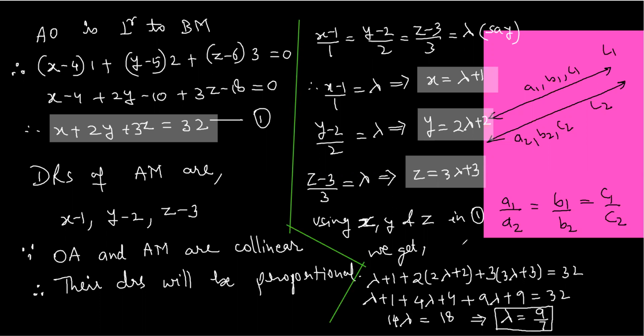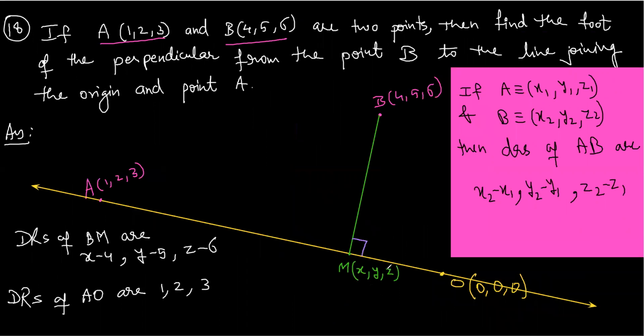What will I do now? I will substitute the lambda value in x, y, and z. When I do that, I will get the values of x, y, z. And remember, this x, y, z was nothing but the coordinates of M. I hope you all have understood this.